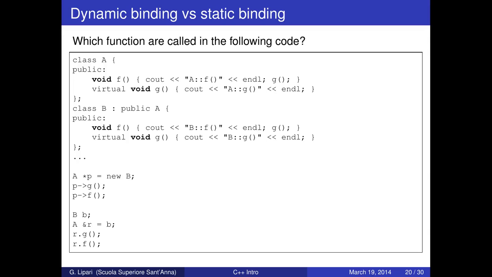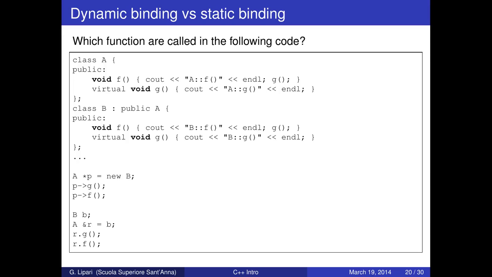So the right answer is the second, because again G is a virtual function, and so it doesn't matter that I'm inside this function here. When I call G, it's like writing this->G, and this is a pointer, and so it's going to look at the actual type of object.